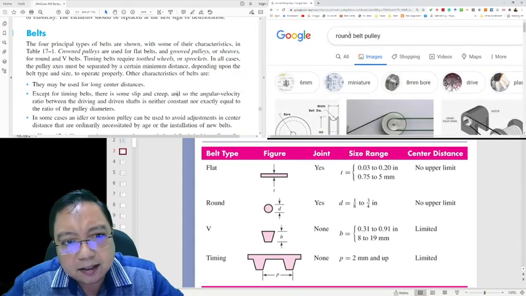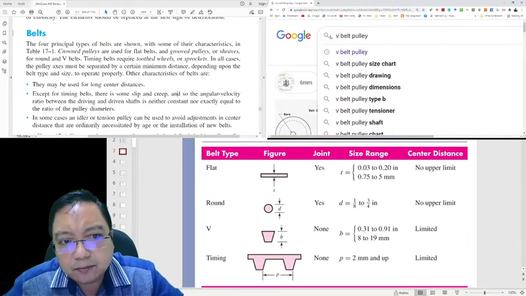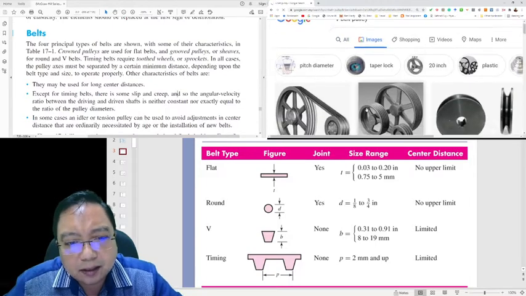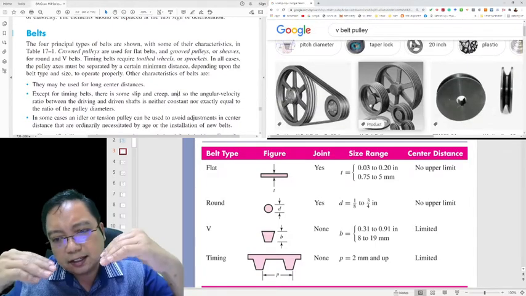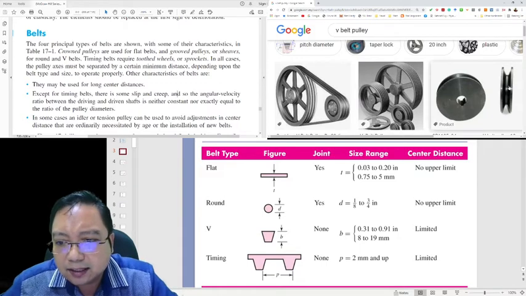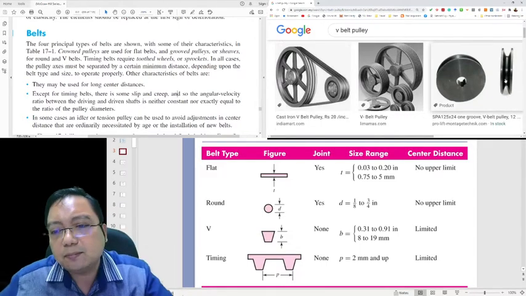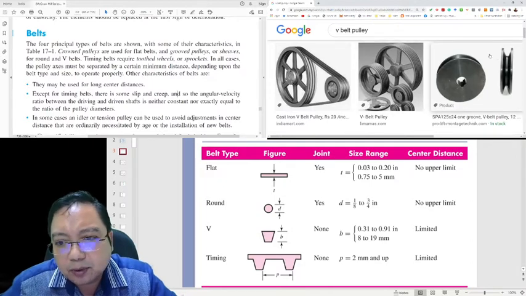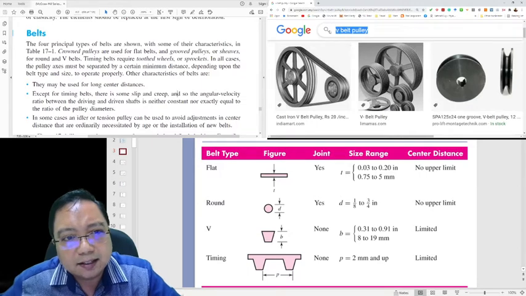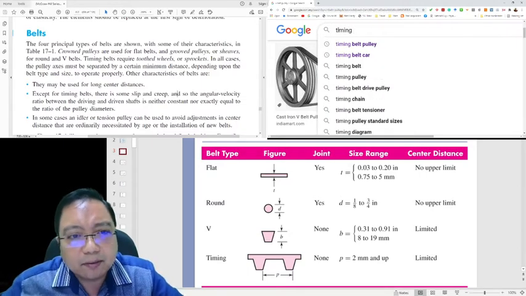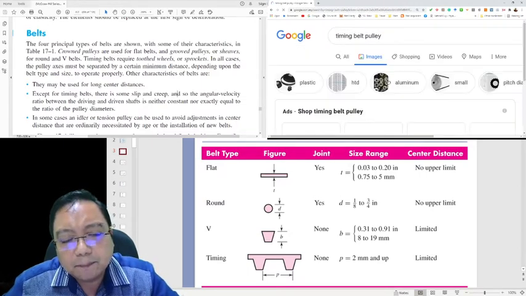And then the V belt pulley. You can see it has a V shape like this. You can put the pulley also with a V shape.